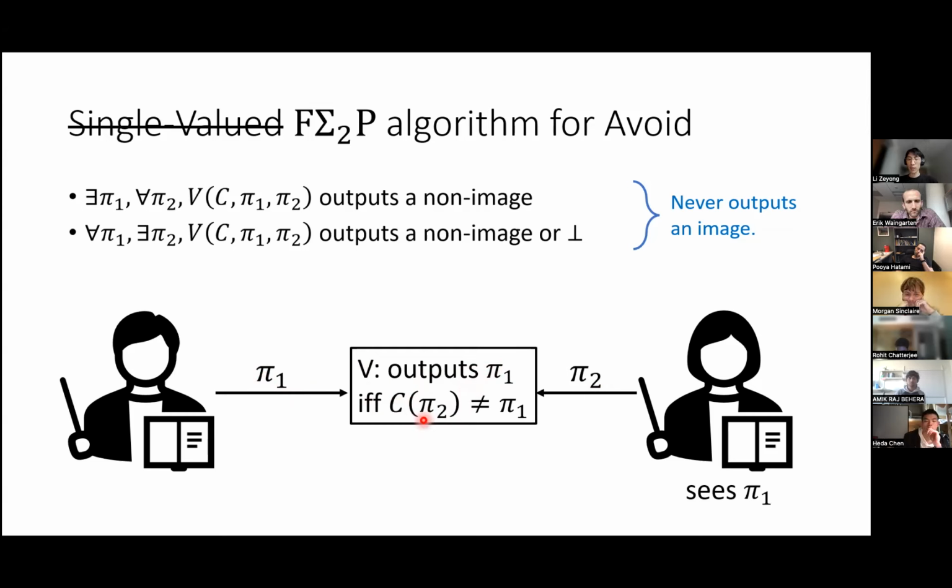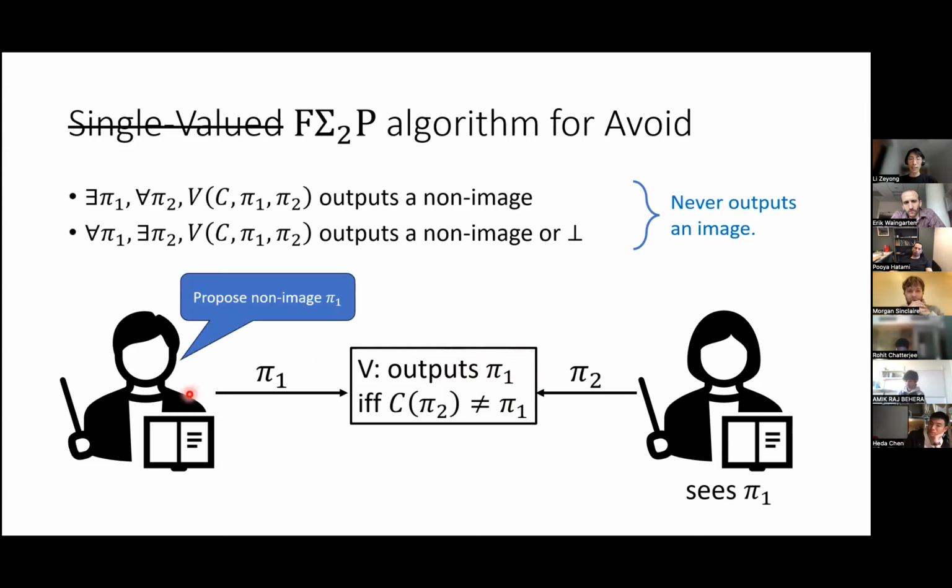Otherwise, if pi2 is not a pre-image, and with the knowledge that the second prover is all-powerful, I should think of pi1 as actually a non-image. Therefore, the verifier would output pi1.